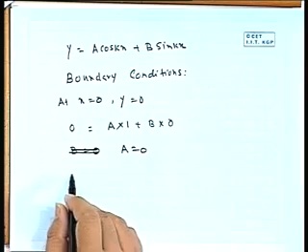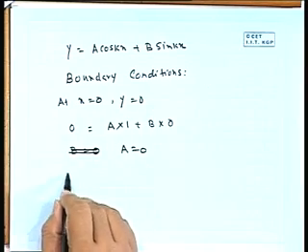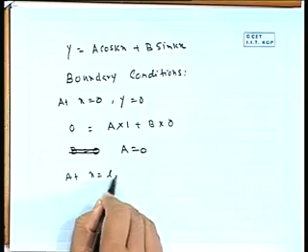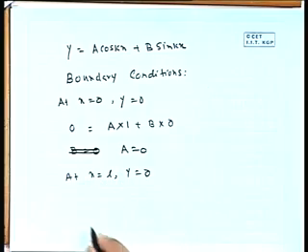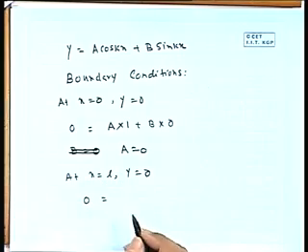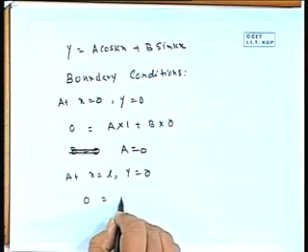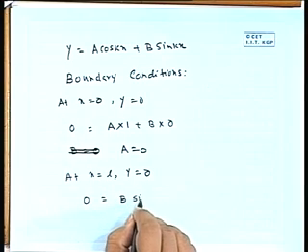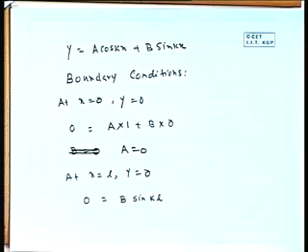So the other boundary condition, if we put at x equal to L, y equal to 0, A already became 0, so there is no point of taking it. So it will be B sin KL.